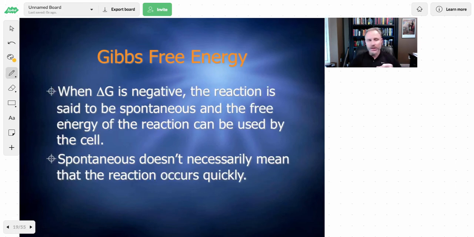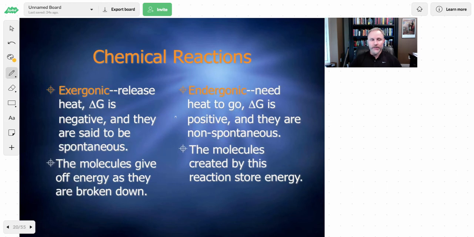And when delta G is negative, we say that we have a spontaneous reaction, and that energy or heat is going to be given off. And it's important for you to know that spontaneity here does not mean that it's going fast. It just means that it can occur spontaneously. It doesn't need any input of energy from the surroundings. Certainly if you give it some, it might go faster, but it's going to occur no matter what, basically, okay?